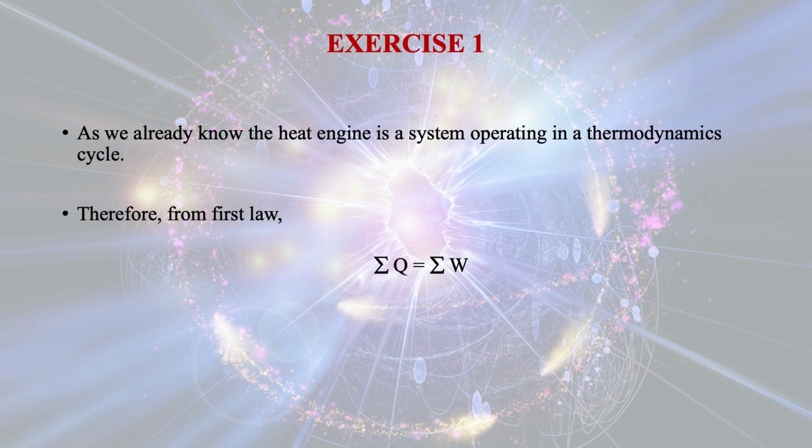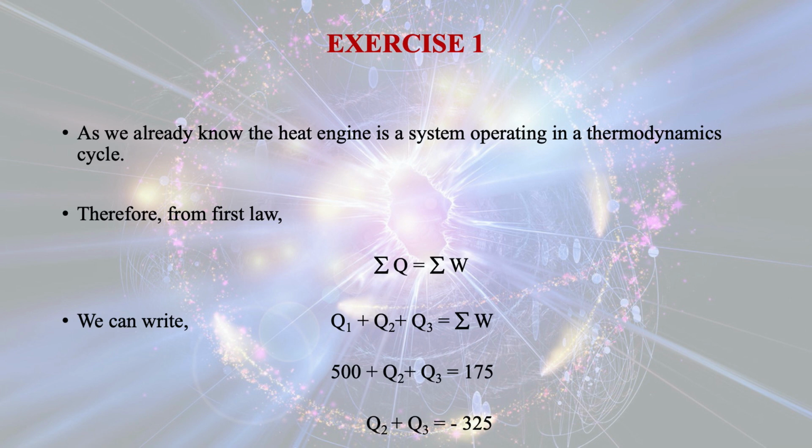Therefore, from the first law of thermodynamics for a cyclic process, summation of Q is equal to summation of W. We can write Q1 plus Q2 plus Q3 is equal to summation of W. That comes out to be 500 plus Q2 plus Q3 is equal to 175. So Q2 plus Q3 is equal to minus 325.